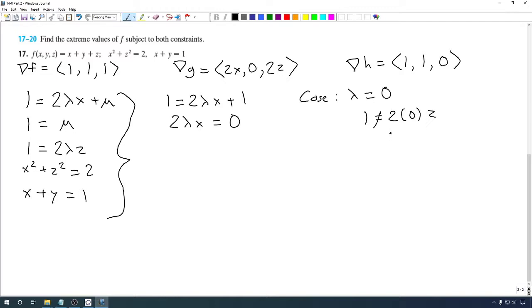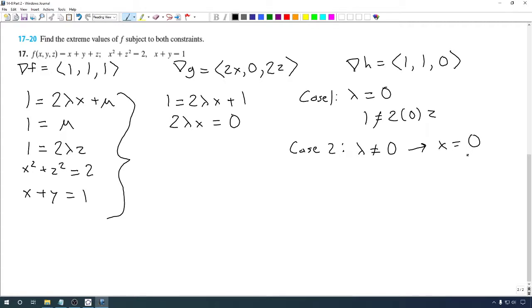So we can't have lambda equals 0. That's just not possible. This is case 1, sorry. Case 2, it's the one that has to be true, is that lambda is not 0, and since lambda times x has to equal 0, that means that x has to be 0.